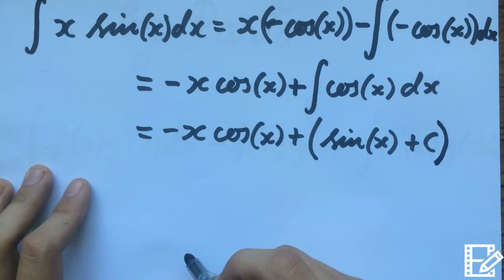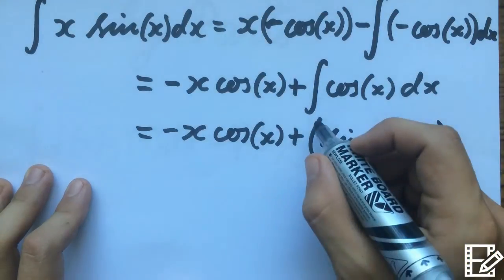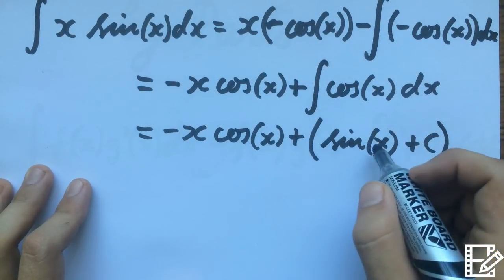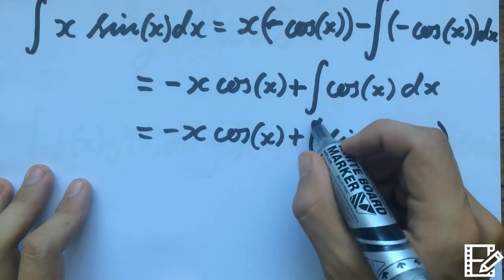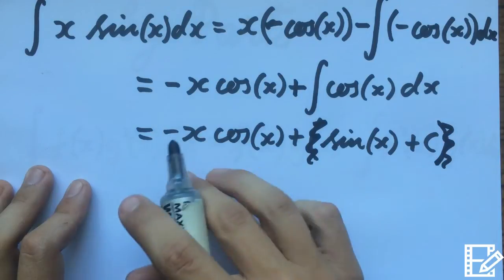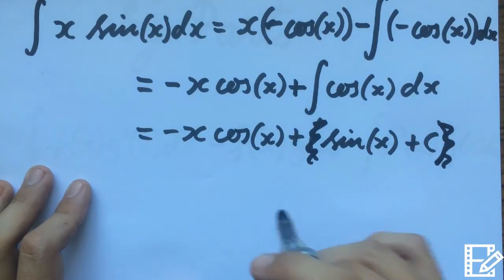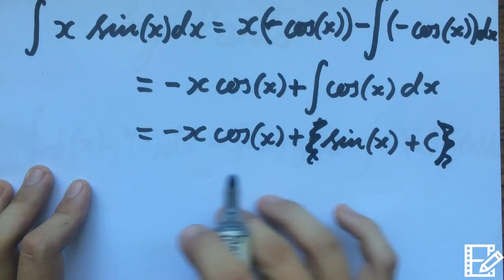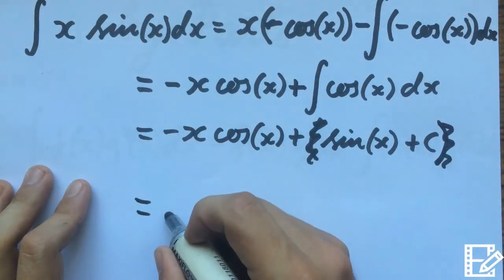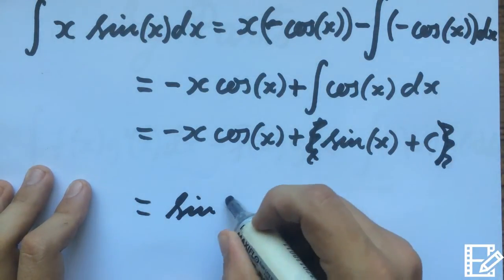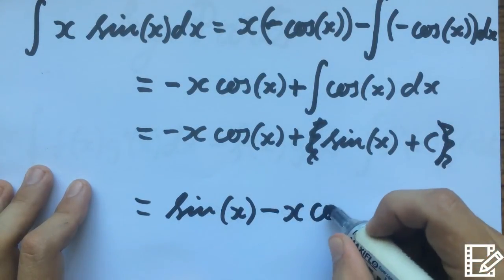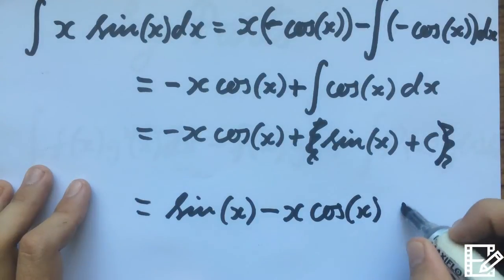Okay, so what do we have here? We don't really need these brackets because we're not multiplying anything in. If we were multiplying something into this, then we would need the brackets, but we can get rid of them for now. And it's written linear, so we can just rearrange it. So I'm going to bring the sine x out the front, minus x cos x plus c.